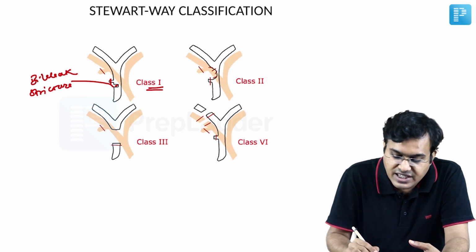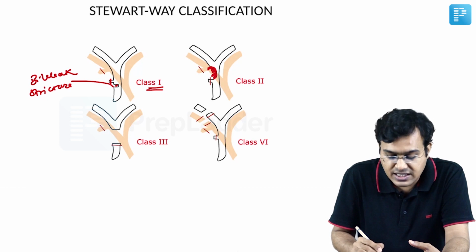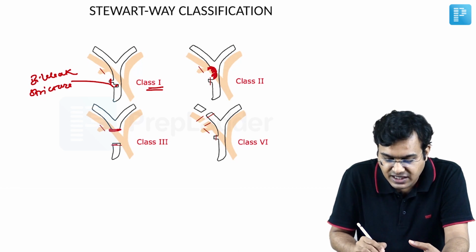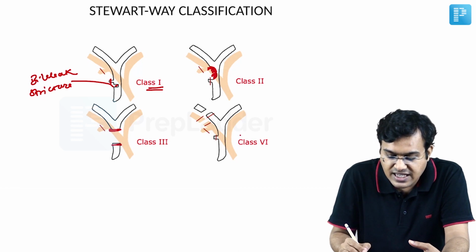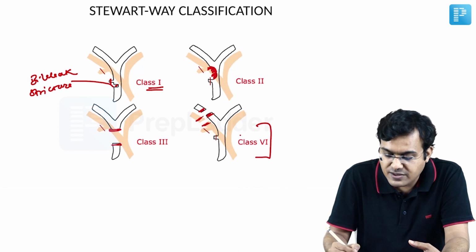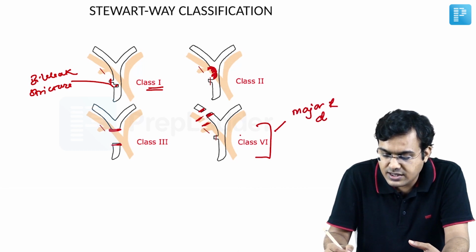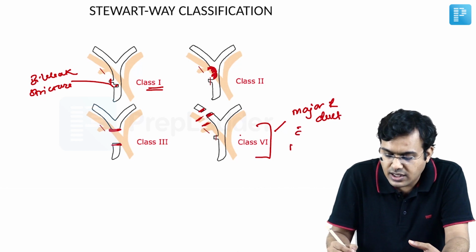Class 2 is basically a lateral injury to the common hepatic duct leading to some stricture. Class 3 is complete cutoff of the common hepatic duct leading to stricture, and class 4 is an injury to the major right hepatic duct along with injury to the right hepatic artery. So class 4 entails major right side duct with right hepatic artery.